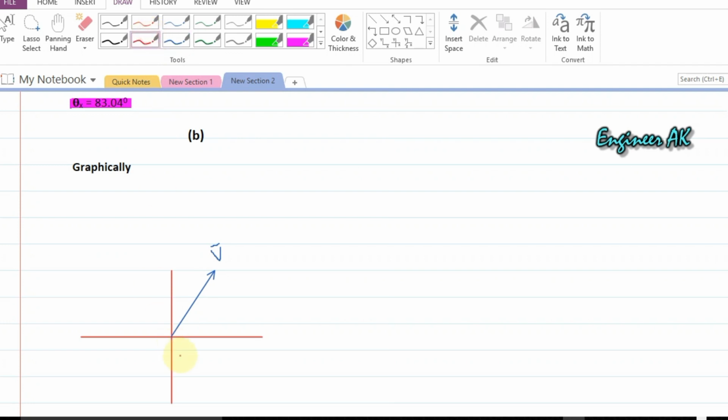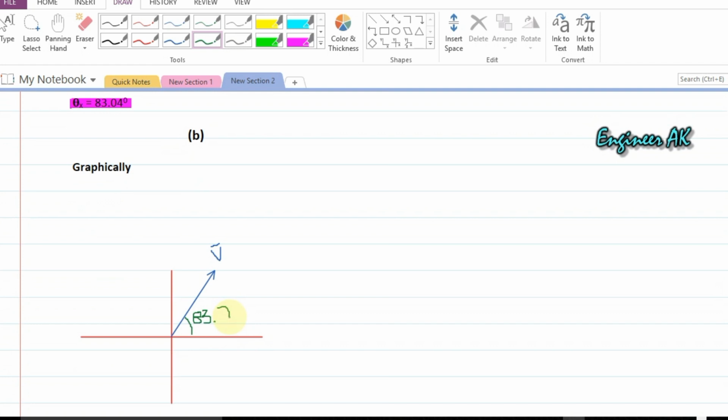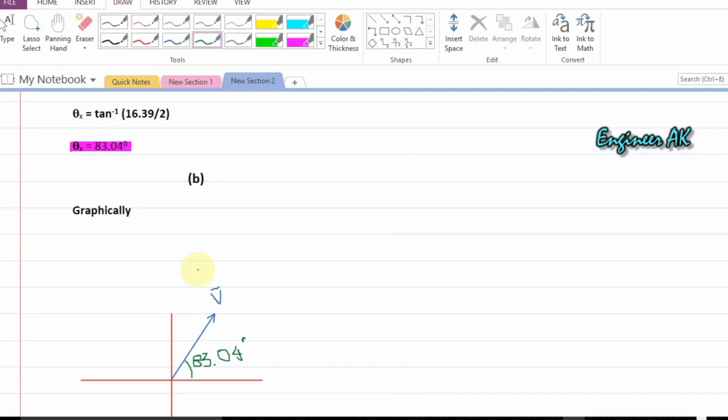And it is making an angle of 83.04 degree, yes, so that's how you can graphically represent it.